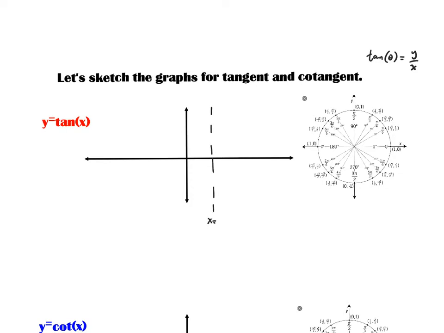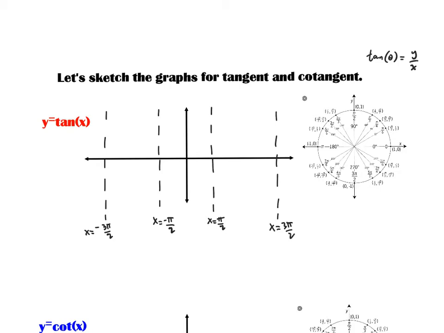At x equals pi over 2 and x equals negative pi over 2, and I'll go one further on each side. This would be x equals negative 3 pi over 2, and of course over here x equals positive 3 pi over 2.